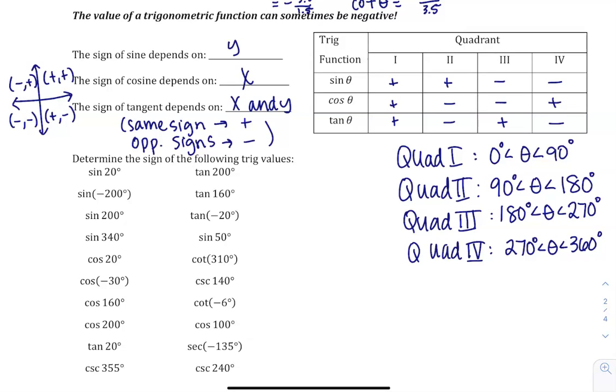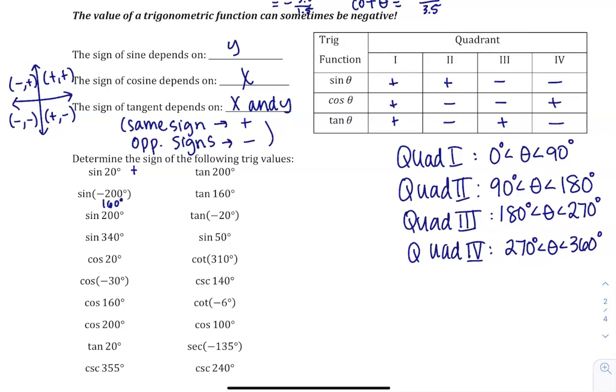But the first one, sine of 20, that is between 0 and 90, first quadrant, so you're looking at a positive value. Now, sine of negative 200, where is that going to be? Well, we need to find the coterminal angle between 0 and 360. So take that negative 200 and add 360, and you see that this is the same thing as 160 degrees.